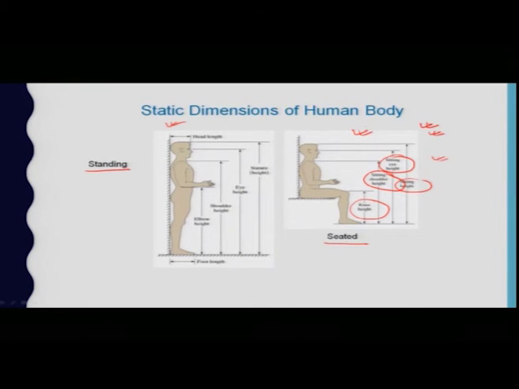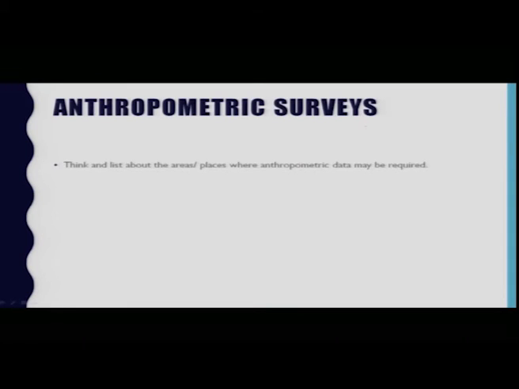You have to accumulate the data which are required in order to design an office chair. Another thing that I am giving to you, it is up to you, and you have to use your mind to think towards this problem: list the areas and places where anthropometric data may be required. We have now covered this anthropometric topic, and have got a clear idea about what anthropometry is all about, and you have also developed an understanding of anthropometric data and how you can calculate it.